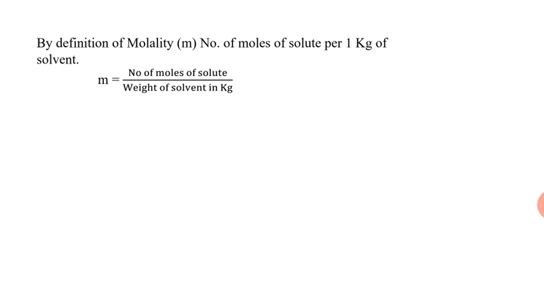The number of moles of solute is denoted by the symbol N2. Weight of solvent, always remember, for solvent we have to take 1, so it is W1, and in kg, that's why multiplied by 1000. Therefore small m is equal to N2 divided by W1 into 1000.